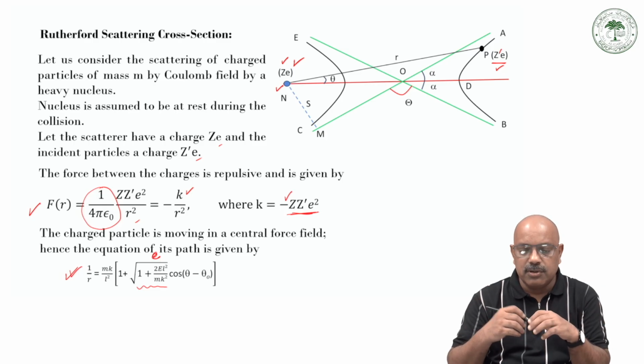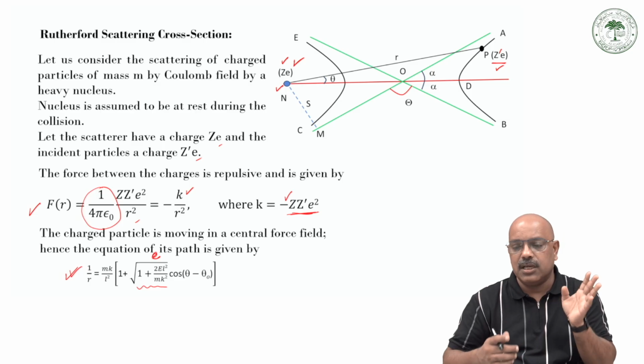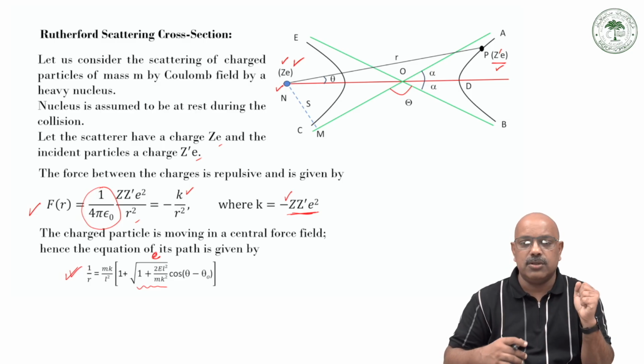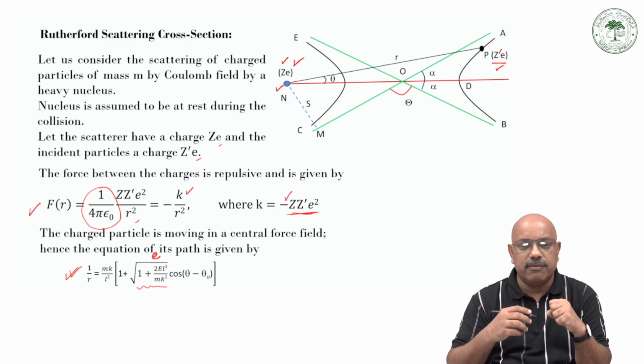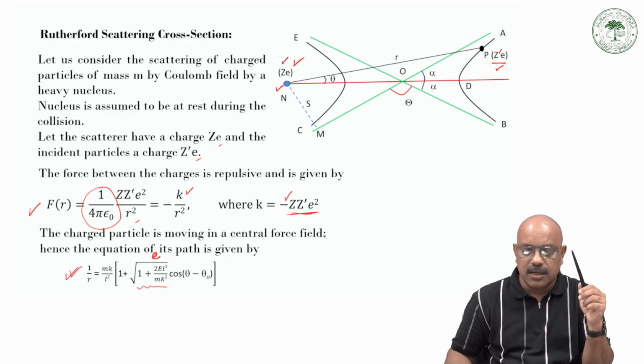Let us now look at the case when an alpha particle of charge Z prime e goes towards a heavy target having a charge of Ze.